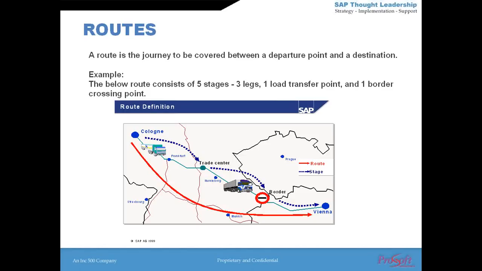This is where the destination point and the departure point becomes very essential and the route becomes very essential. When we look at the route, you can have both options. Either you go through the blue dotted line or you take the red line, whichever is the preferred one.